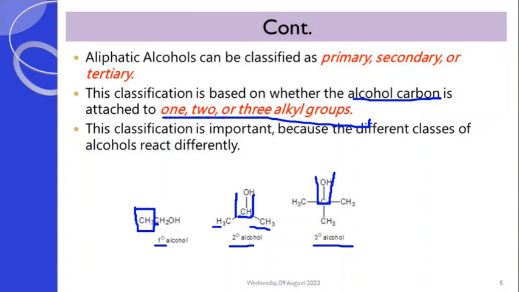How many alkyl groups are bonded to such carbon? We have 1, 2, and 3. Once there are 3 alkyl groups bonded to the carbon with the OH attached to it, we are saying such a compound is a tertiary alcohol.